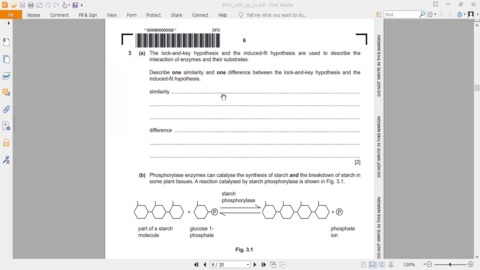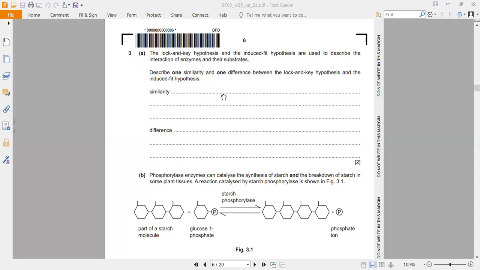So first of all, we have to write down the similarity and the difference, having 2 marks, one for each. That is one for similarity and one for difference. According to the lock and key hypothesis, the active site is a rigid, fixed shape that is perfectly complementary to the substrate before they even meet.